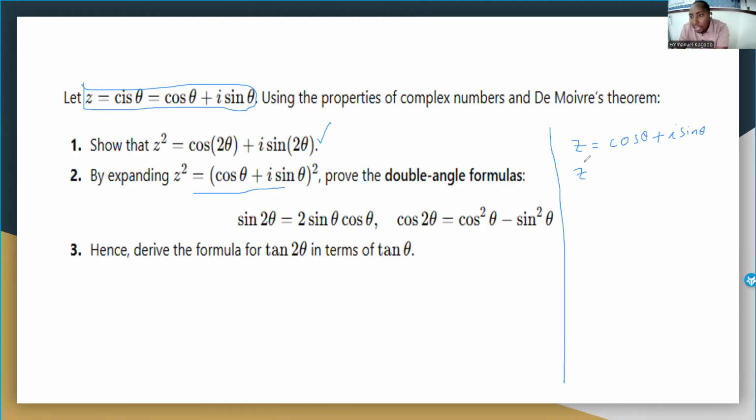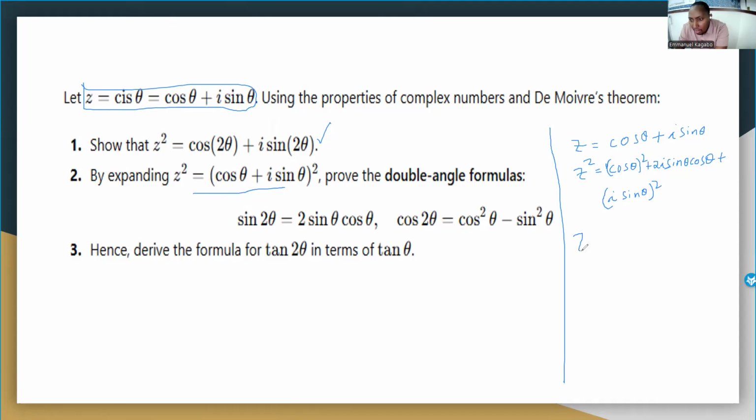Z squared will be equal to cos theta squared by the normal way, binomial expansion, plus 2i sin theta cos theta, doesn't matter whatever I write first because it's multiplication, plus i sin theta squared. Okay, I hope that makes sense.